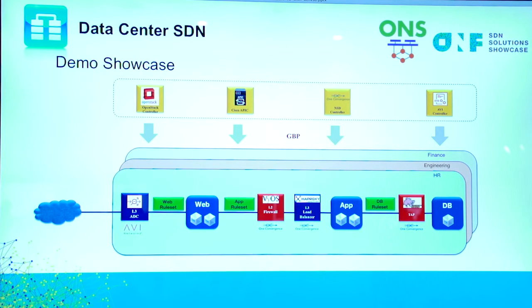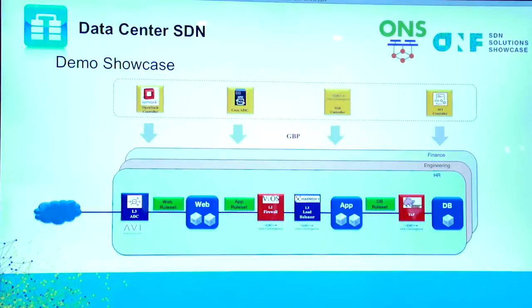We use the Cisco APIC and the ACI fabric to do, again, the managed overlay and underlay environment. We have the Convergence controller that's managing network services, and we also tie together Avi to handle some of the load balancing functions. And we're doing this to, again, provision a multi-tier application with network services stitched together using group-based policy across several different tenants.